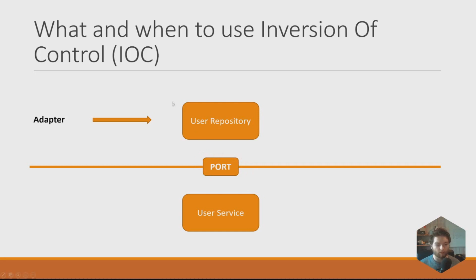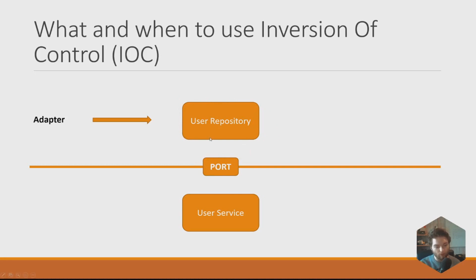So now on a different layer, this is a new layer, right? So we have layer A, layer B. On this layer, we need to create an adapter. An adapter is just a class that, well, it has many definitions, but in this case, it's a class that implements this port. So you're going to be saying class UserRepository implements IUserRepository.